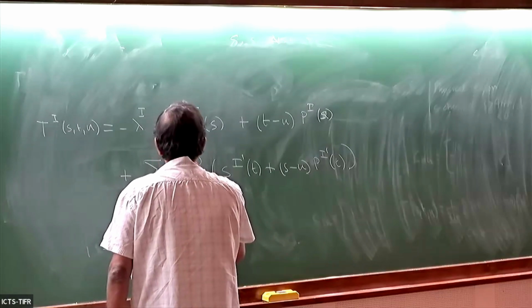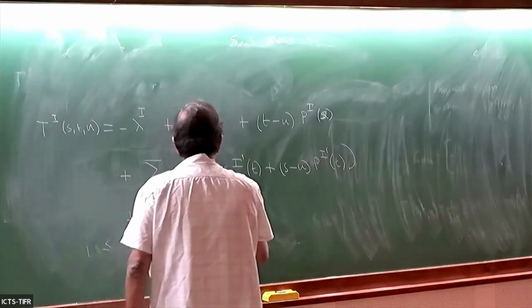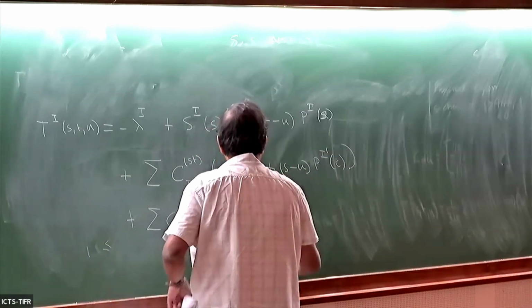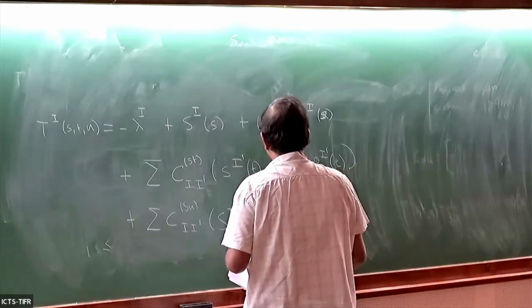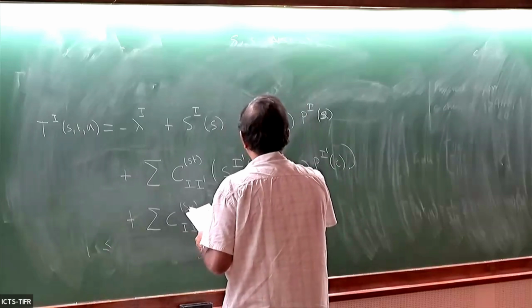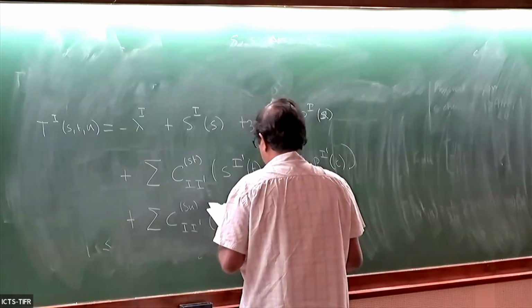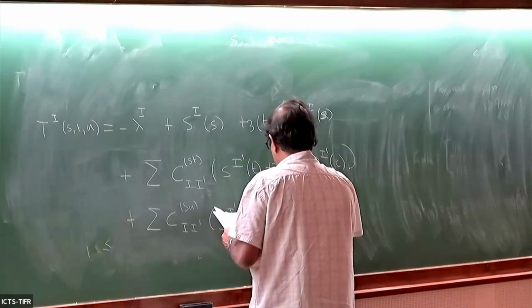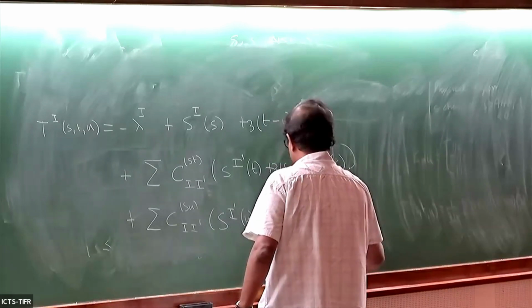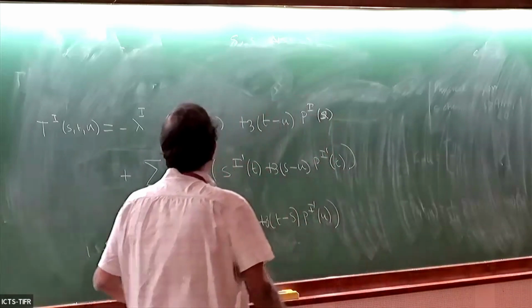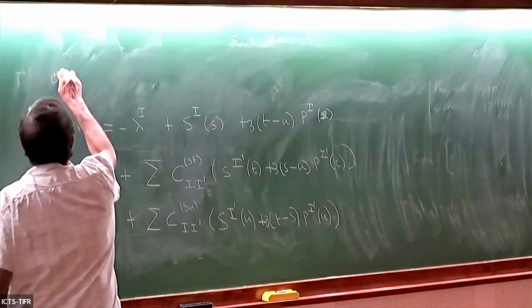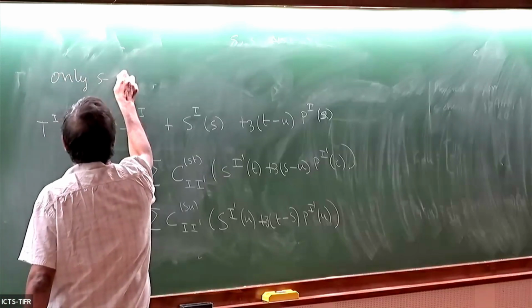The same function S_I prime, this time of U, and this time it will be S minus T. There's also a factor of 3 coming from the Legendre polynomial, 3 times (T minus S) Pi prime of U, like this. So this is very nice. This is assuming that there are only S and P waves.